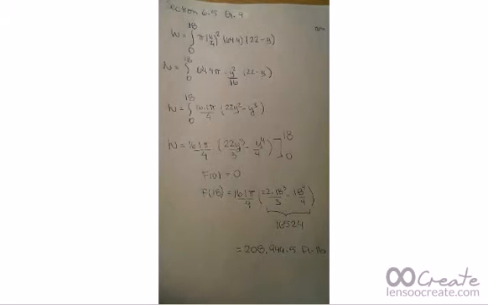The second part is asking me for the area of the disc. We already know that the radius is equal to y divided by 4. We know that the area is going to be pi r squared, so I plugged that in here, and then times the weight of the liquid, and then we needed the height.